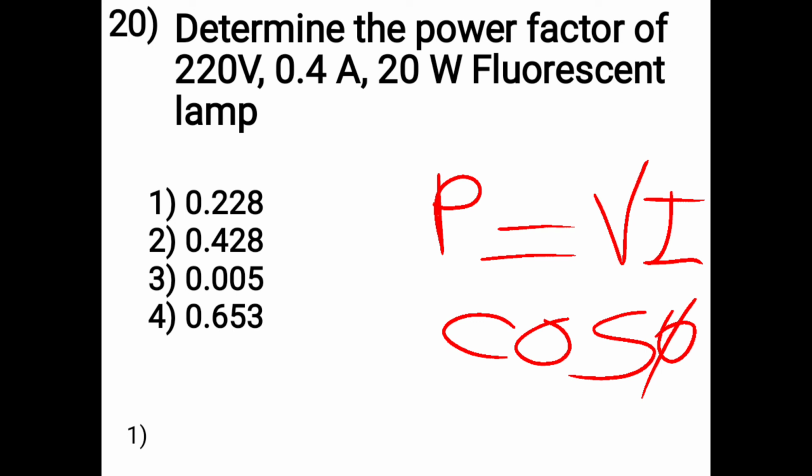So we calculate cos phi. Cos phi is equal to power upon voltage into current, so 20 watt divided by 220 volt multiplied by 0.4. So our answer is 0.228. So option number 1 is correct.